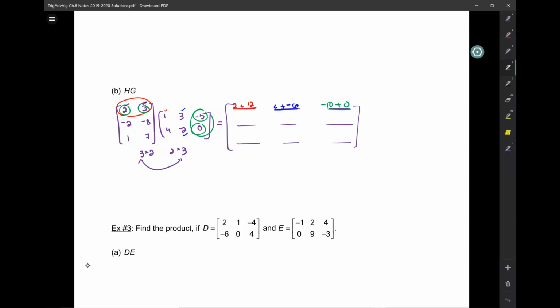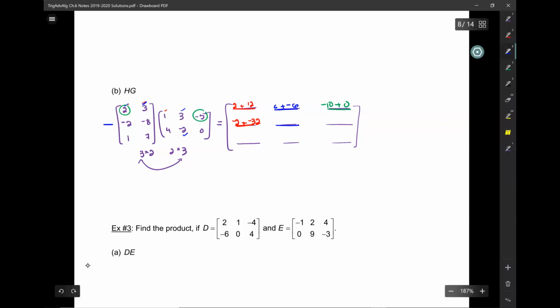Okay. Now let's move on to row 2. Lost the 0. Okay, so here, row 2, column 1. First times the first is negative 2, plus second times the second is negative 32. All right, another way you can do it if you don't want to keep doing these circles is this next one, row 2, column 2.